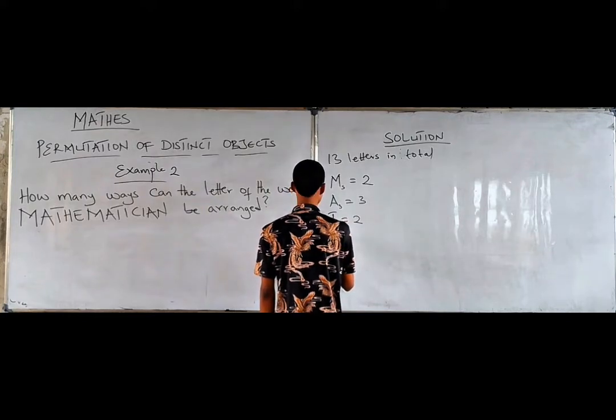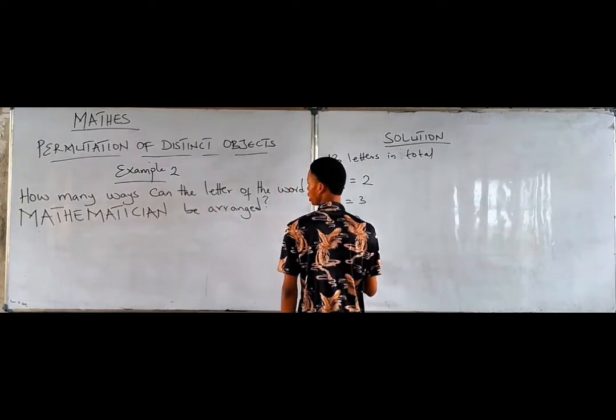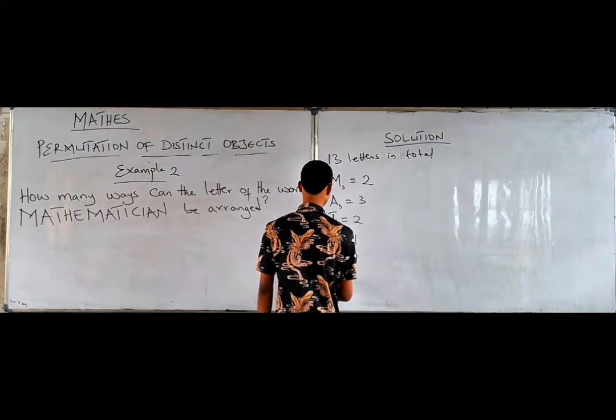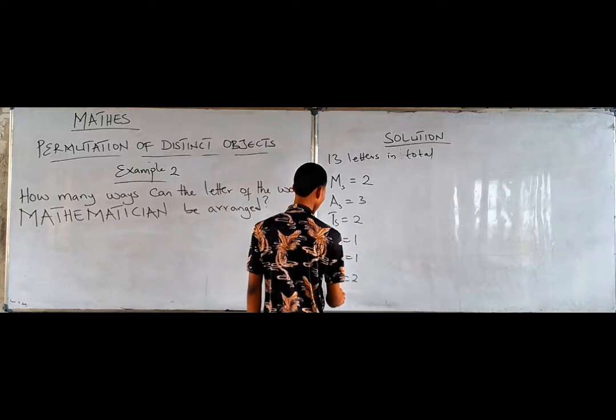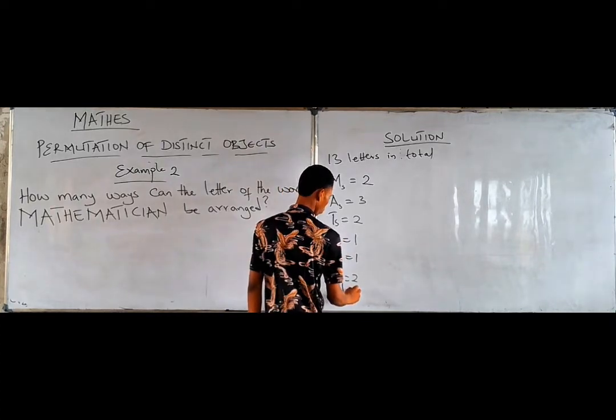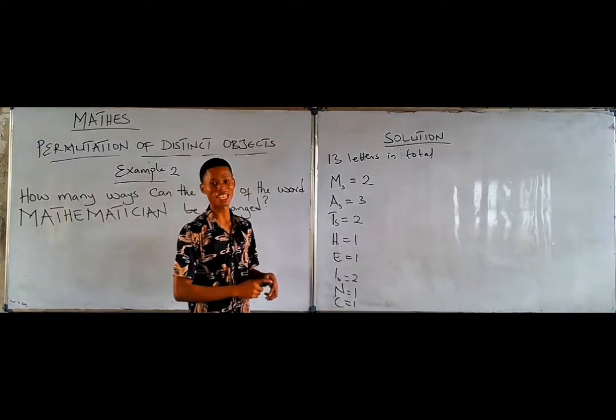How many H? 1 H. How many E? 1 E. How many I's? 2. Any other thing? How many N? 1 N. How many C? 1. Good. Now these are the distinct letters.